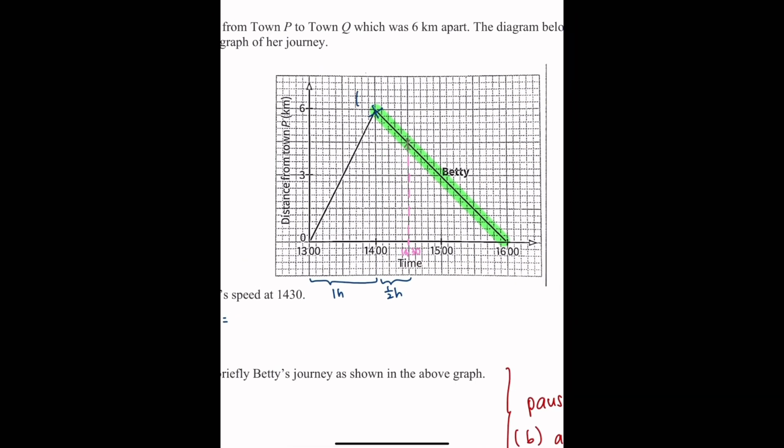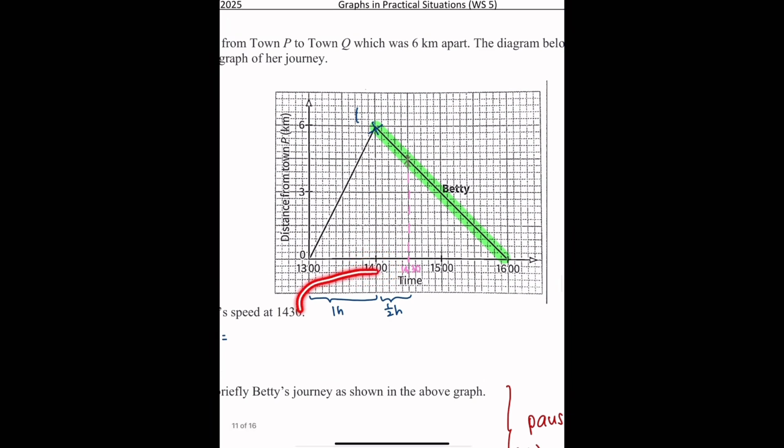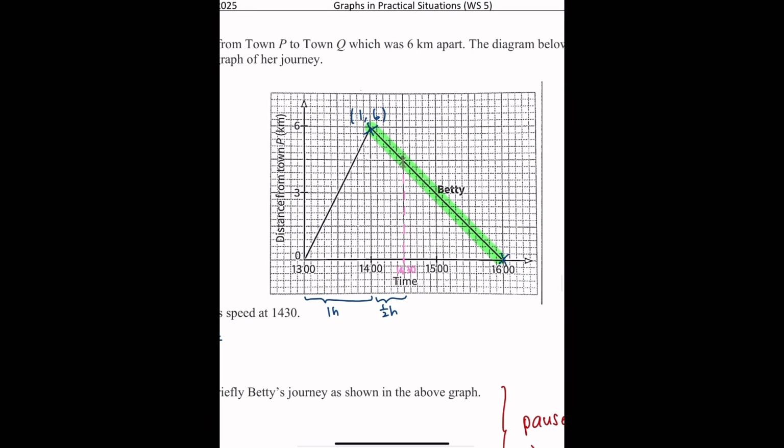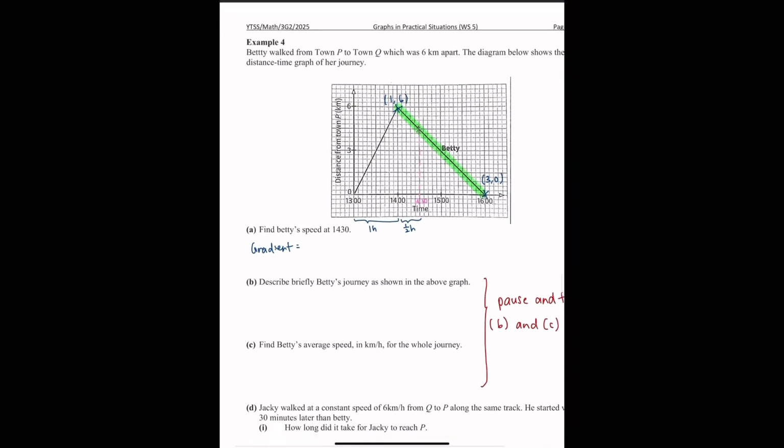Take note, the x value will not be 1400, it will be 1 hour instead, because from 1300 to 1400 it is 1 hour. So this will be 1, 6. Next, from 1300 to 1600 it will be 3 hours, so 3, 0.